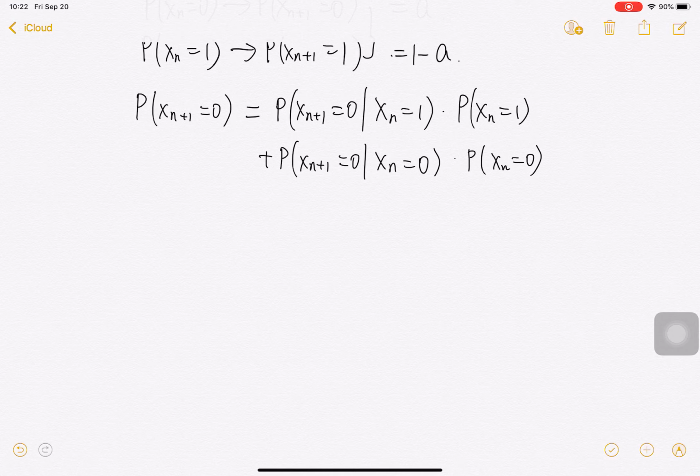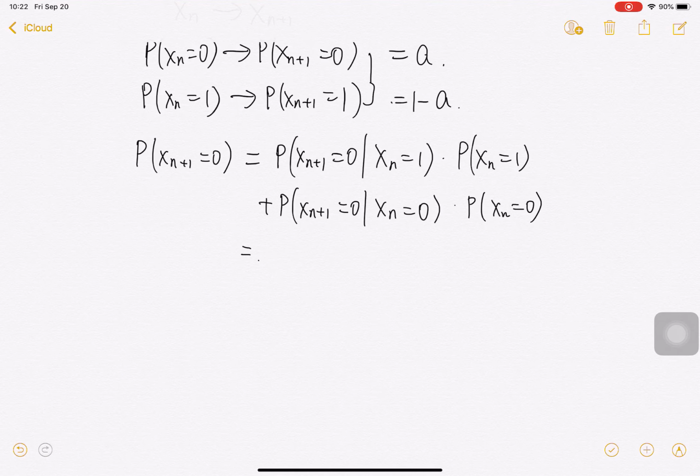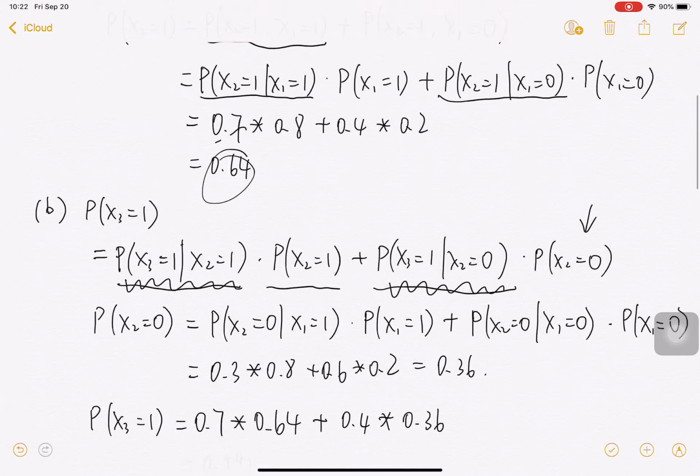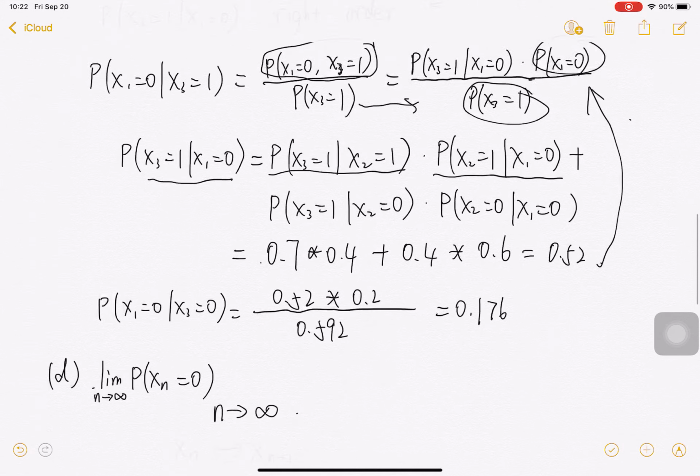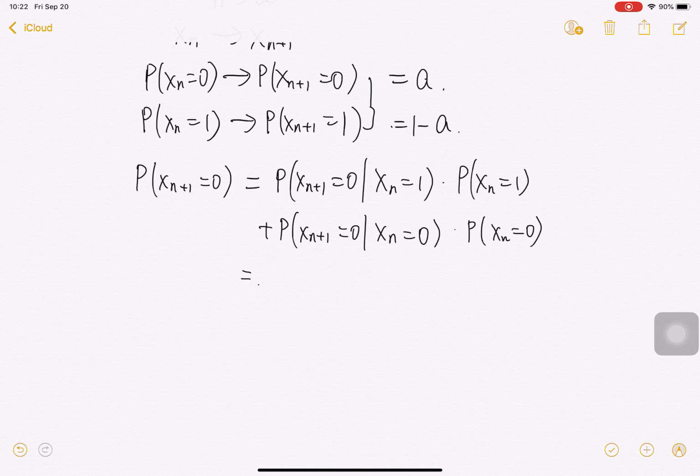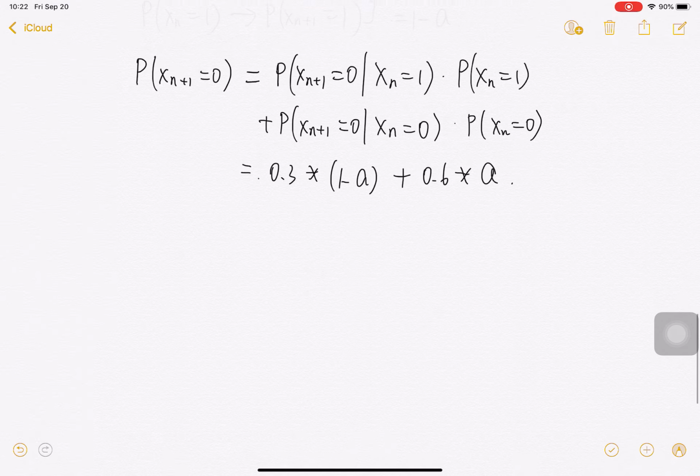Alright, so this is the same as the former questions. We have x(k+1) equals 0 given xk equals 1, the probability is 0.3, right? So it's 0.3 times (1 minus a) plus 0.6 times a.